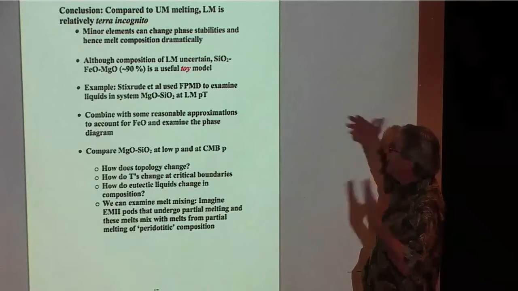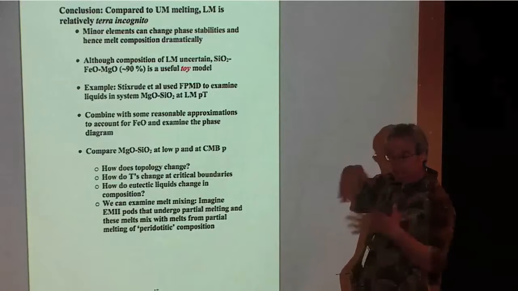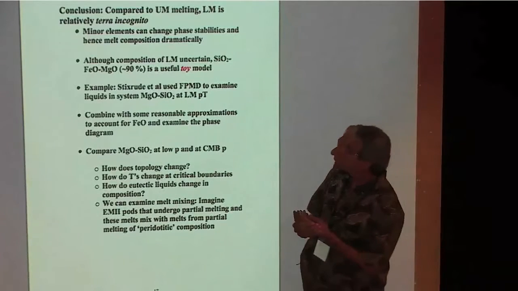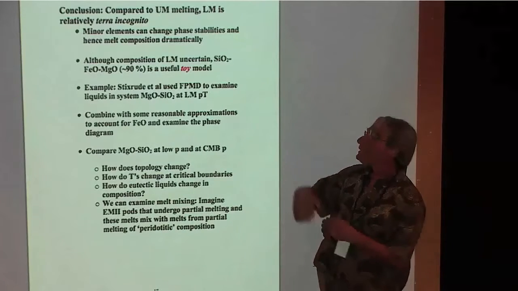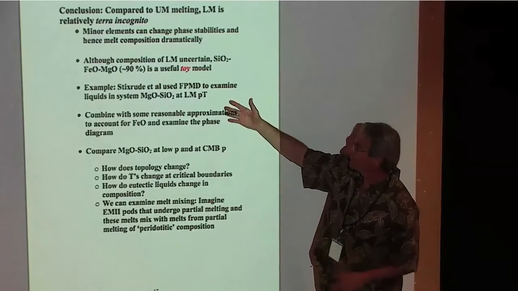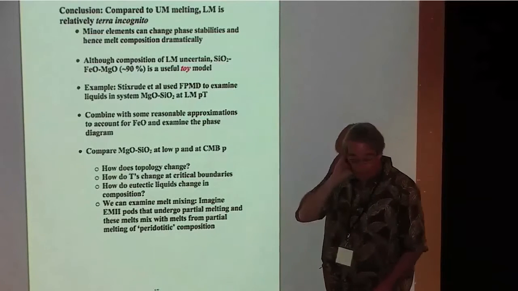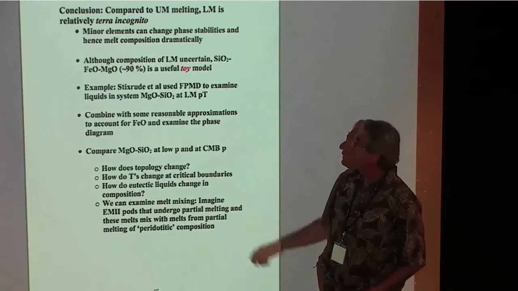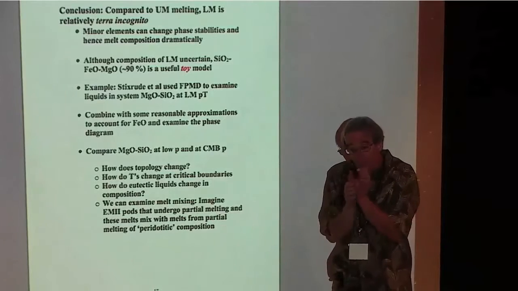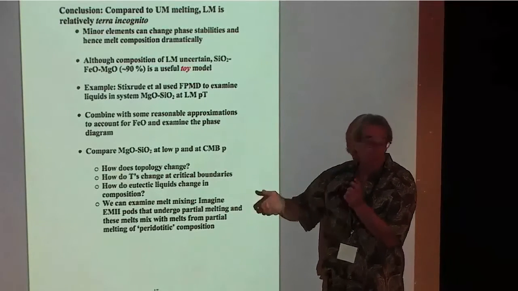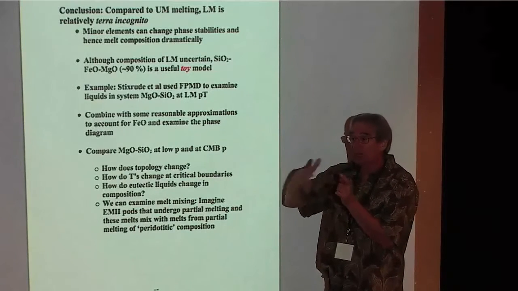So how do you do this thermodynamically in a correct way? Well, you've got to know the free energy of these things. How do you get these properties? And one way, and I'll just talk about Stixrude et al., where they use first principles molecular dynamics to examine the magnesium-silica join and to study the free energy of these liquids as a function of composition.